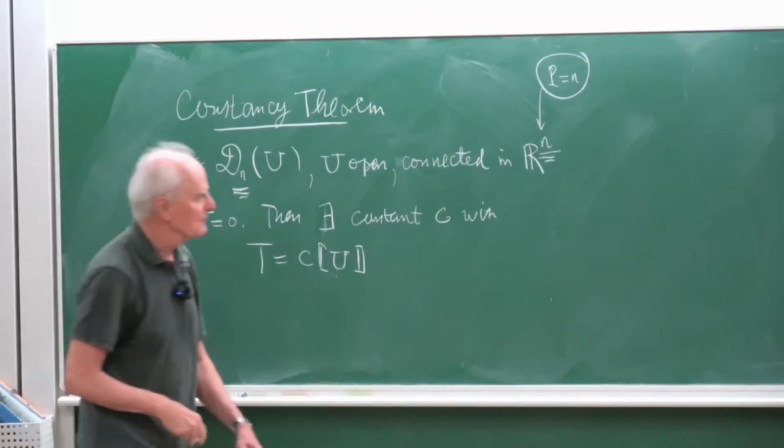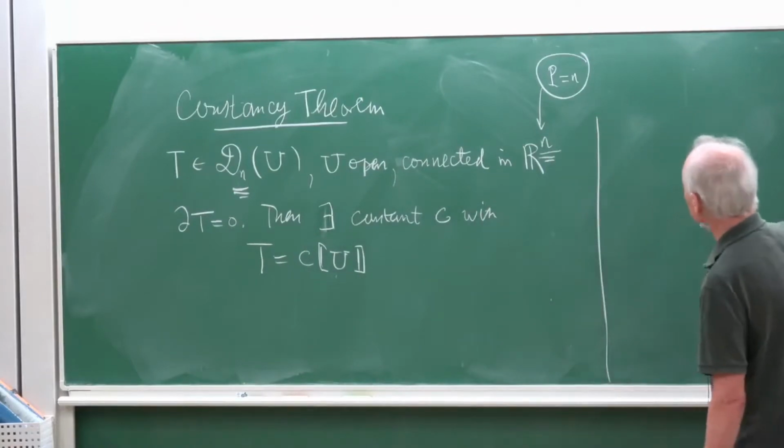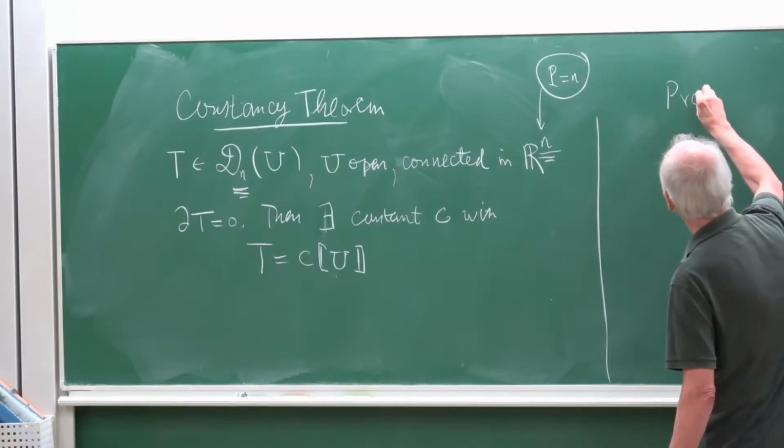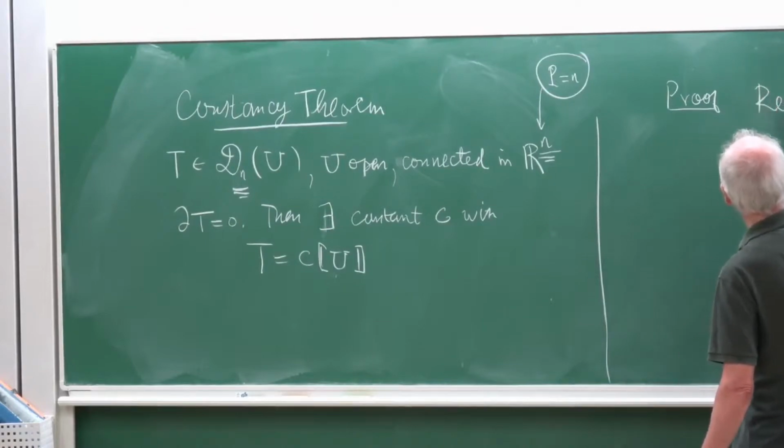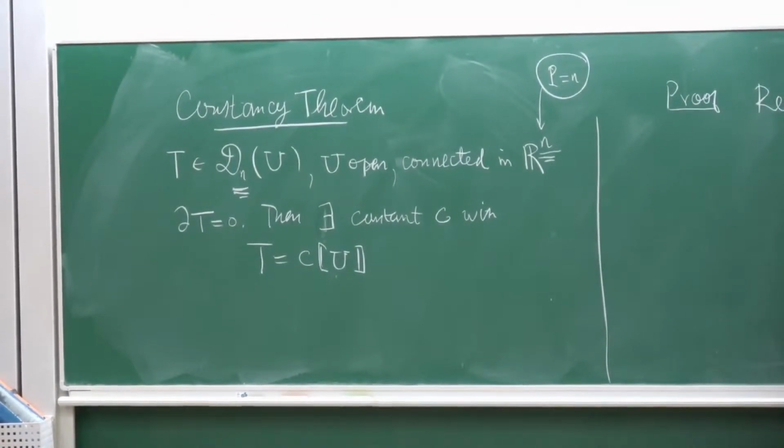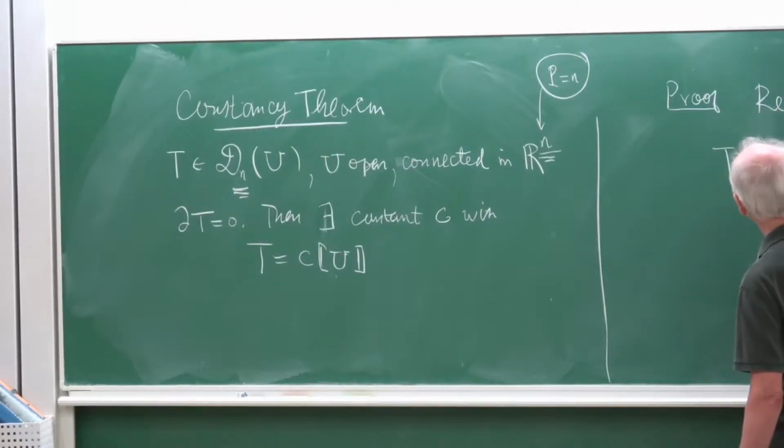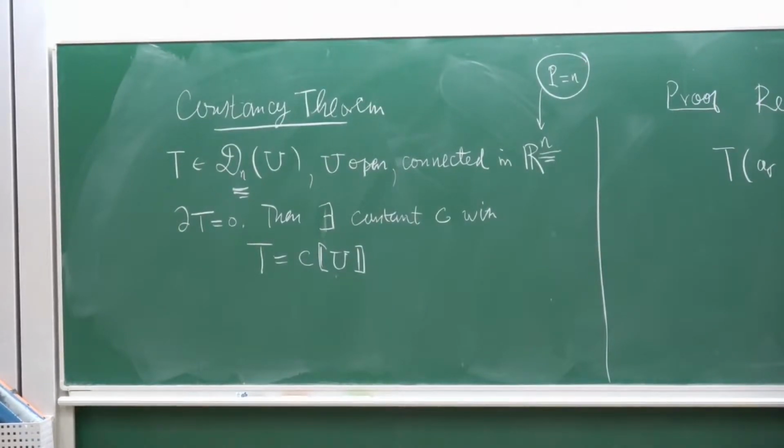Okay, so we'd done the main step in the proof. We actually proved that T of A sigma dx1 wedge dxn is representable as an integral of A times a bounded function theta sigma.